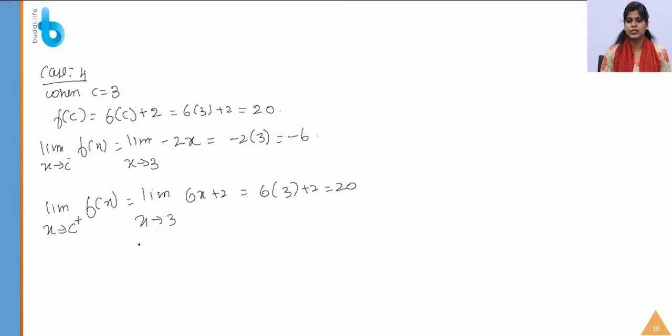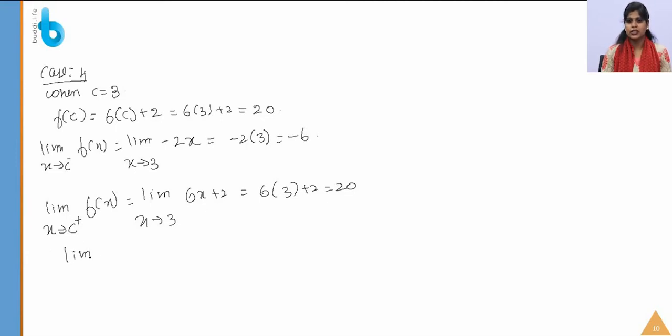equal to 20. See here, both the left hand limit and the right hand limit are not same, therefore at c the limit does not exist, that is the function is not continuous.